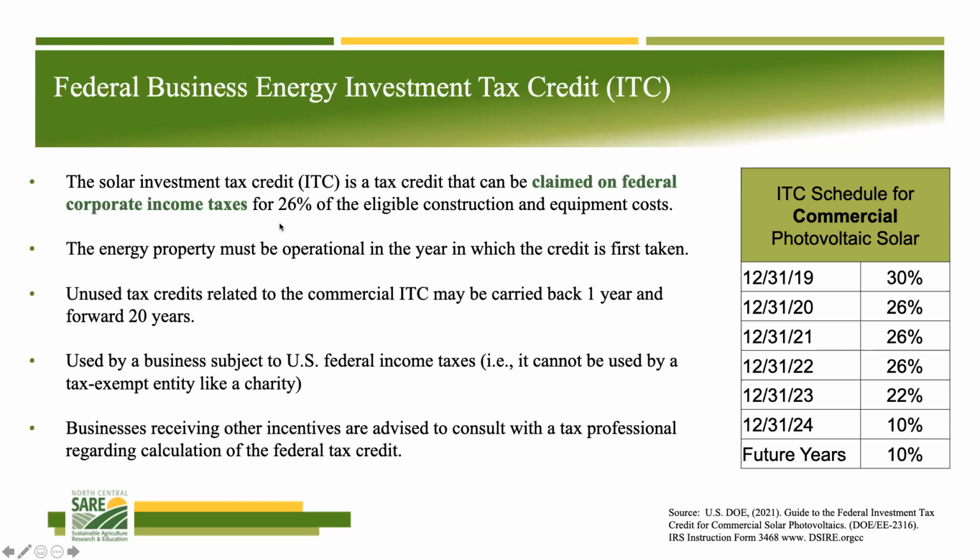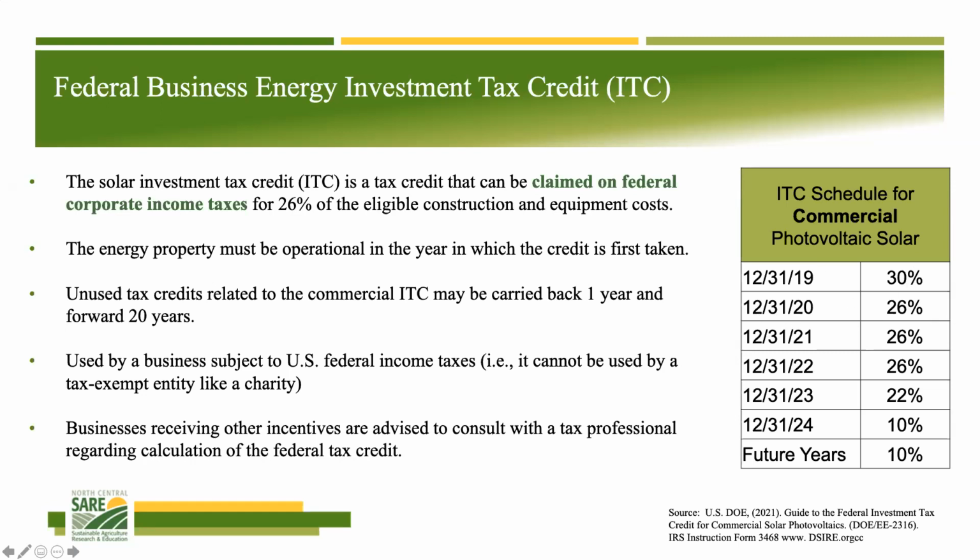This was initially established under the Energy Policy Act of 2005, and for years it was locked in at 30%. So I think a lot of times people just refer to it as the 30% ITC program. That's changing, and in fact it has changed, right? It was extended a number of times at 30%. However, in 2019, you see it started to slowly reduce.